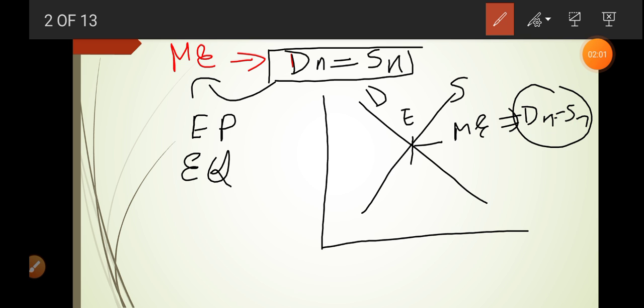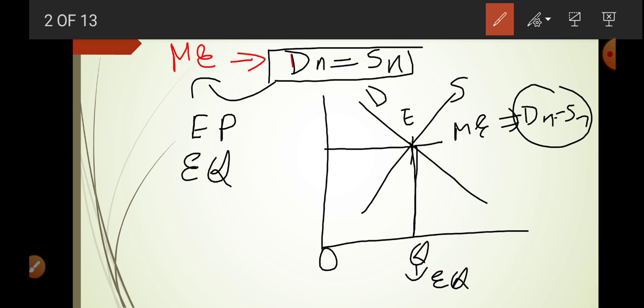Now when we draw a straight line from this point, we get quantity. So OQ quantity is sold and purchased, this is your equilibrium quantity, and this is OP price, your equilibrium price.